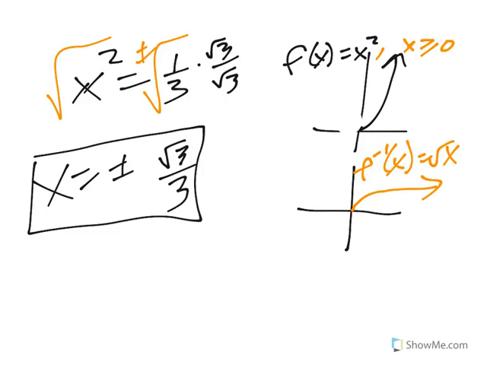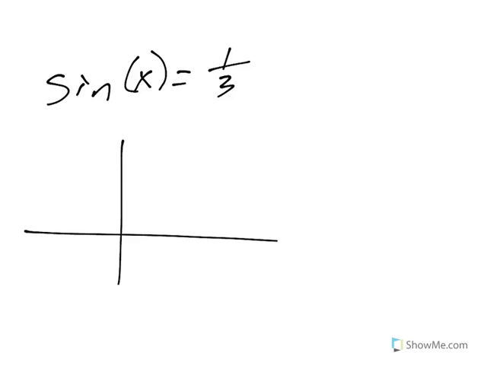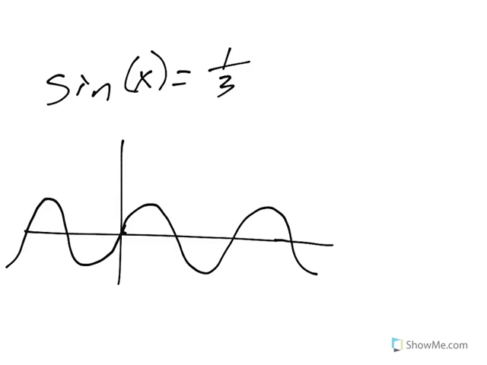So let's say what I'm trying to do is find what value for x makes the sine of x equal to a third. And right off the bat, thinking graphically, so here's sine x, and I'm not drawing it on its entire domain, but there's sine x, and here's 1, and here's negative 1, and so I know that there are several places where sine x equals a third.